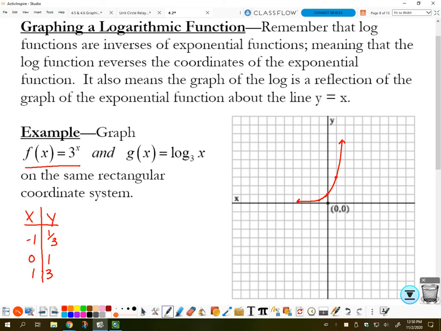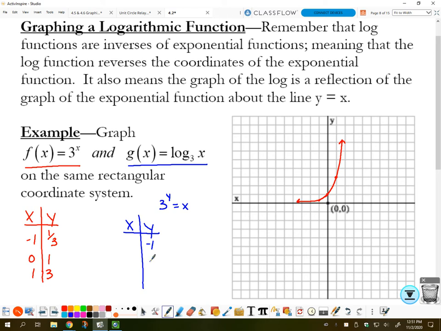Alright, I'm telling you that these are inverses. So if you just switch x and y on those 3 points, you'll get your graph. But how I want you to graph a log, you're going to make a table. But you don't know how to evaluate this. Well, actually you do because you have a calculator, but it works out better if you rewrite it as 3 to the, we'll call it y, equals x.